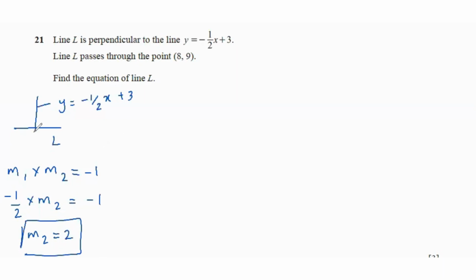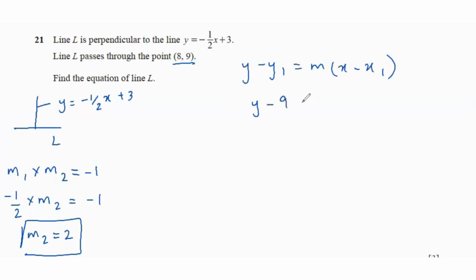So now we're going to use this gradient and the point given through which line L passes to find the equation. y minus y1 equals m times x minus x1. This is the equation that we use when we have a point and the gradient given.